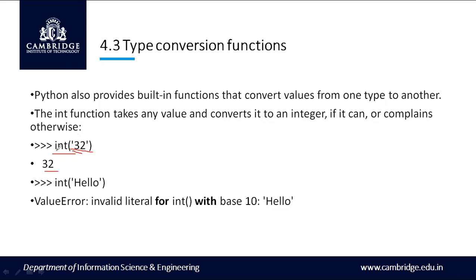This particular function int will convert this string to int. But it cannot convert some strings to int, because the number literal should be with base 10. So the string cannot be converted to int here.